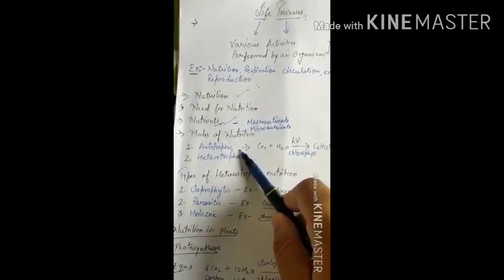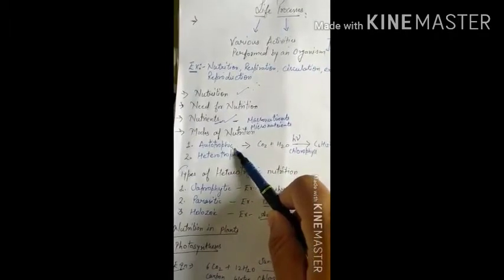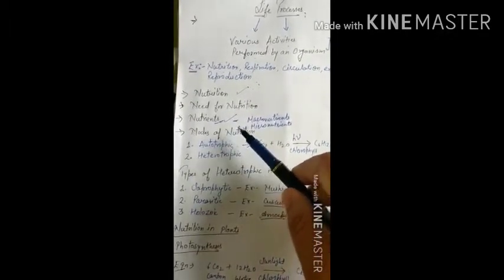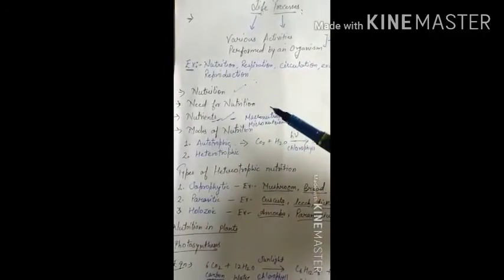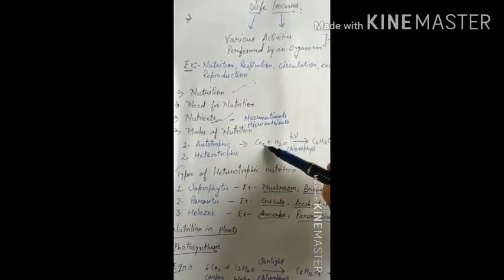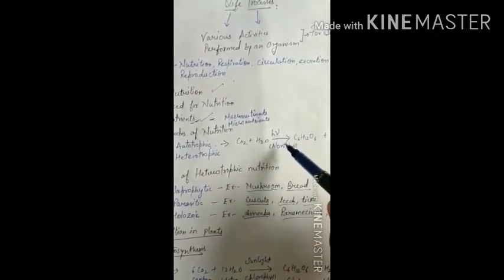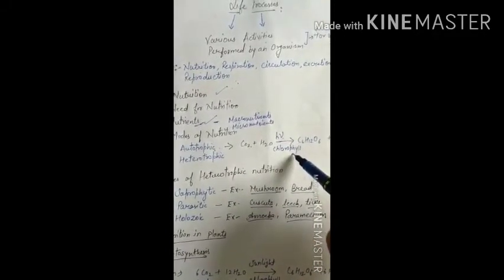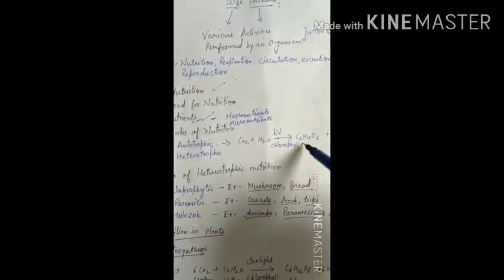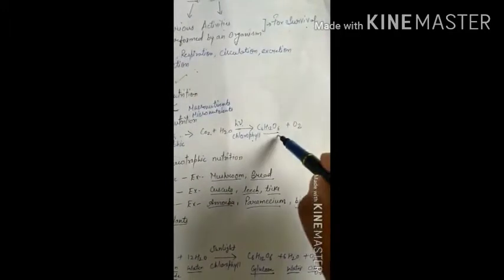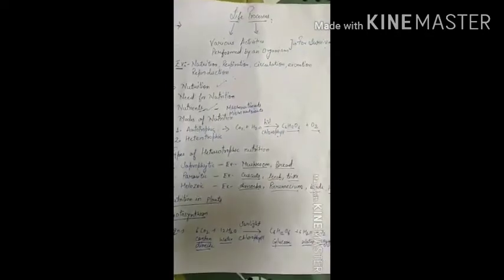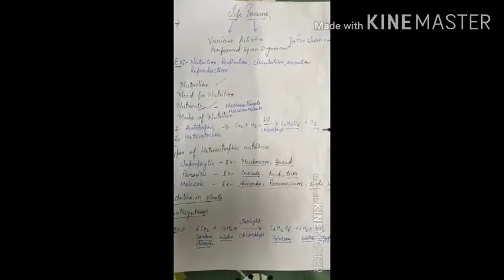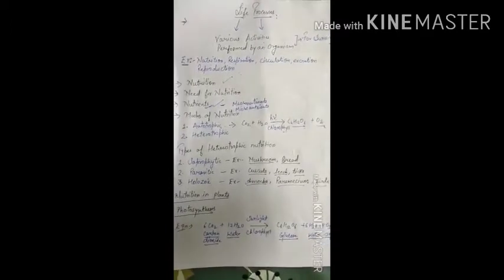It is a type of nutrition in which organisms prepare their own food from simple inorganic substances like CO2 and water in the presence of sunlight and chlorophyll pigment, giving rise to organic products like glucose, and they release some extra oxygen as well. For example, all green plants and some bacteria.